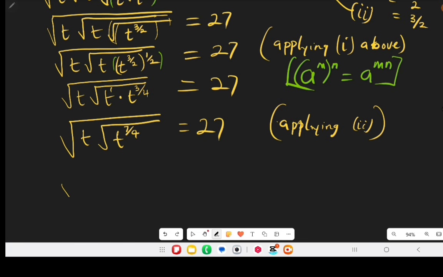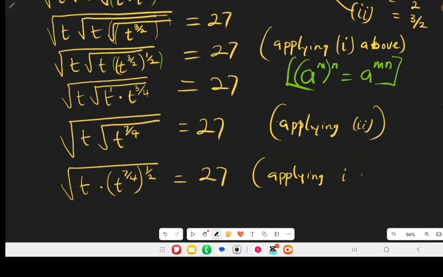The next step, we have root of t. Now we want to remove this square root. Then we apply the first law when we transform the square root to power. If we do that, we are having t raised to the power of 7 over 4, all raised to the power of 1 over 2, equal to 27.